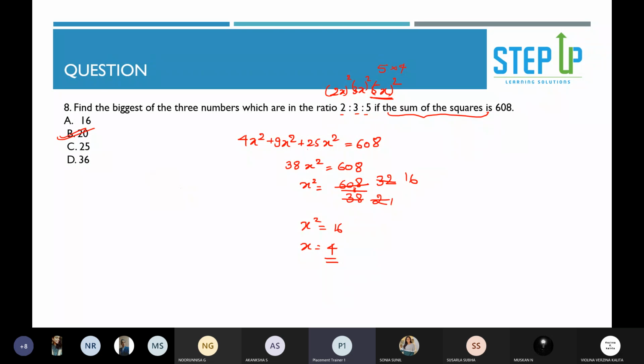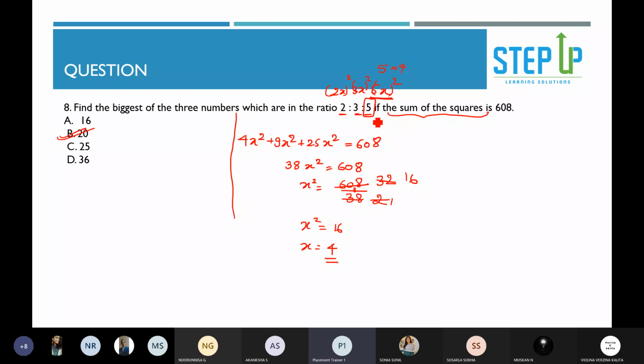One more way this question can be done, if you don't want to go through all this. The biggest of three numbers which are in the ratio of 2:3:5 means that the biggest number has to be a multiple of 5.